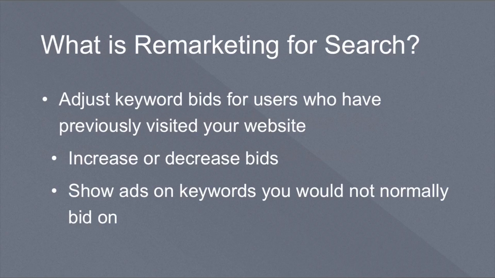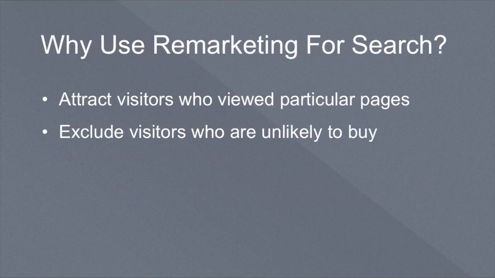So think about this as simply changing our bids and changing our keyword targeting for people who are doing a Google search. So why would we use it? We use remarketing for search for a couple of reasons. Number one is to specifically try and re-attract and get back people who have viewed particular pages on our website.